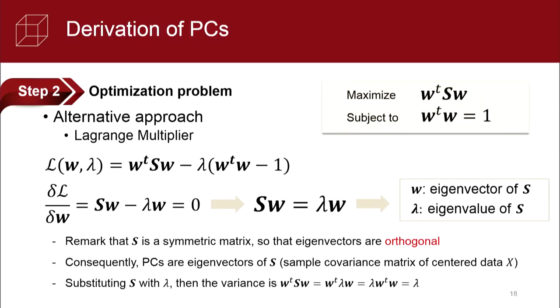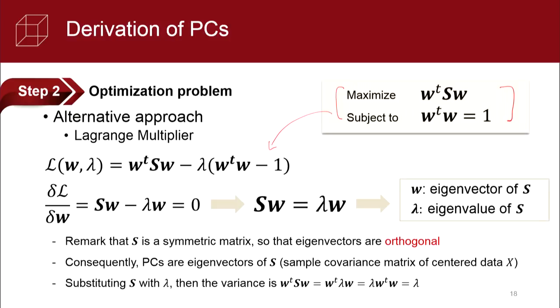And instead of iteratively solving the series of optimization problems, there is an alternative approach. If you think about the optimization model to identify the principal component, let's think about the Lagrangian function, which is the nonlinear, unconstrained version of this optimization problem.